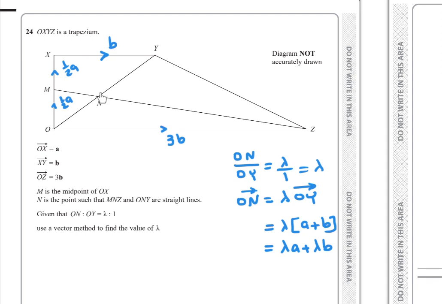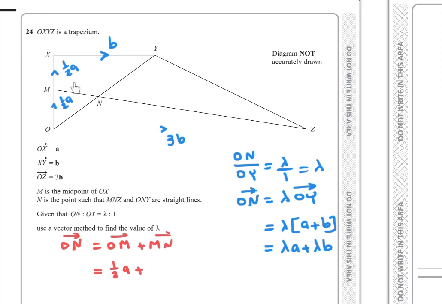Also we can find ON from this triangle. ON equals OM plus MN. OM equals half a.